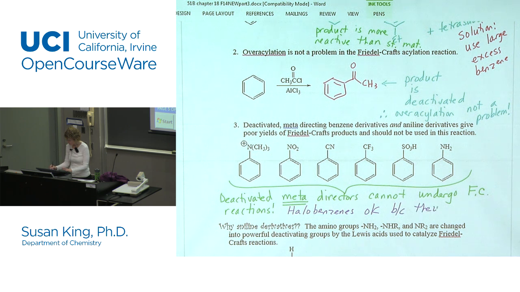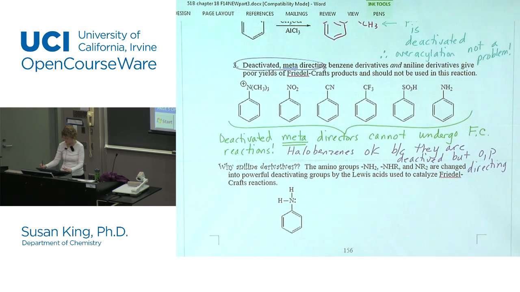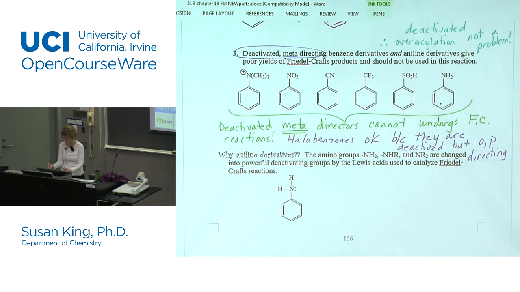They are deactivated, but ortho-para directing. It has to be both, so make sure you look for both of those things. Deactivated and meta-directing. So halobenzenes are okay. Halobenzenes can do Friedel-Crafts, and none of these guys can.